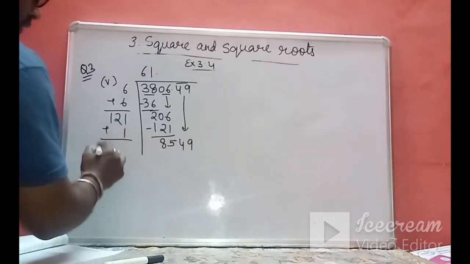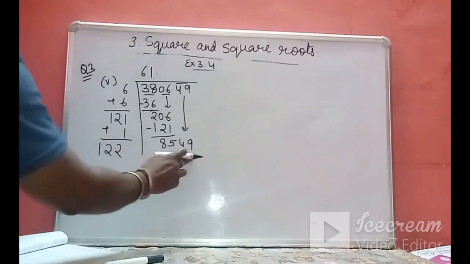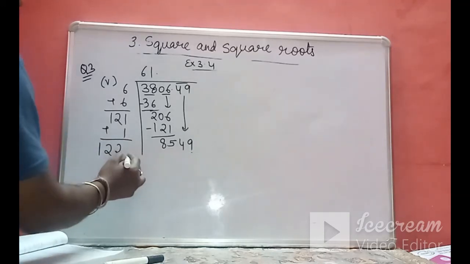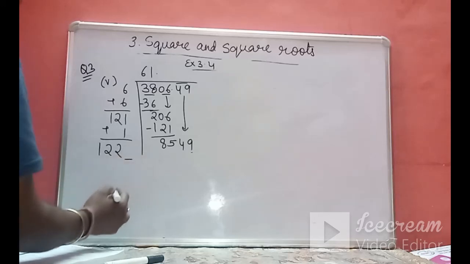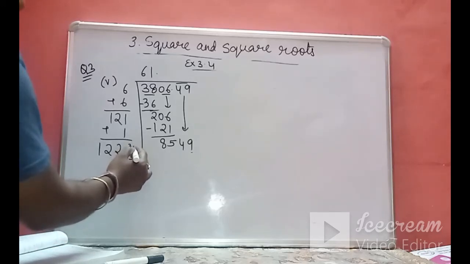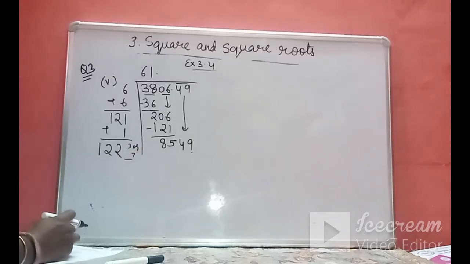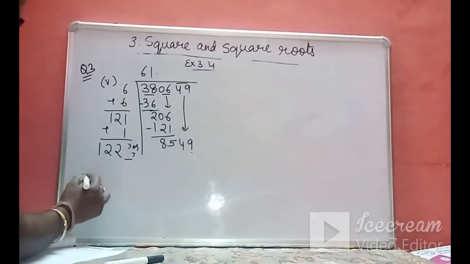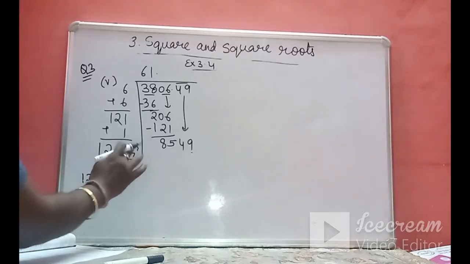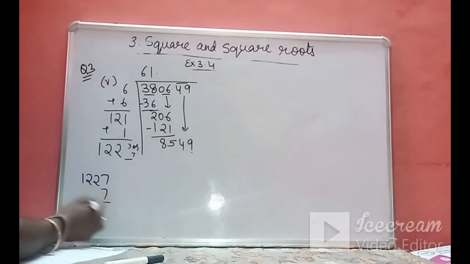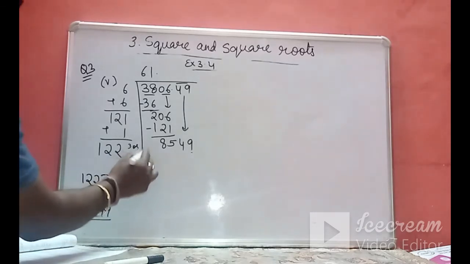This is 122. Now this is again 9. So here we have two choices. Either we can use 3 or we can use 7. Suppose I check for 7, it will give me 8549. So my choice is 7.